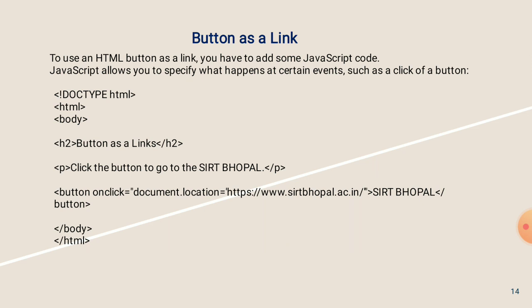To use an HTML button as a link, you have to add some JavaScript code. JavaScript allows you to specify what happens, so you can create simple buttons as links.